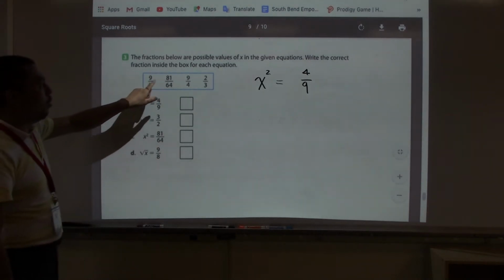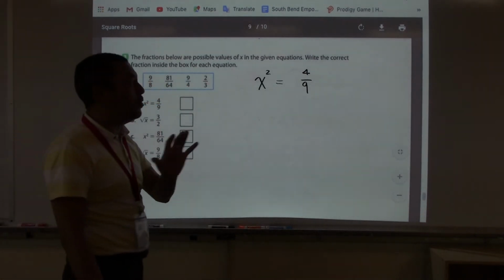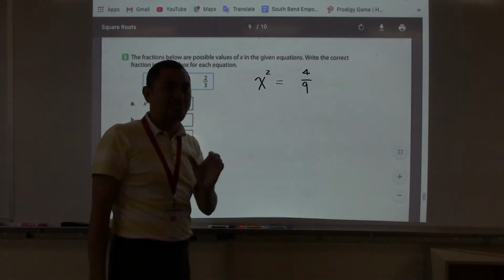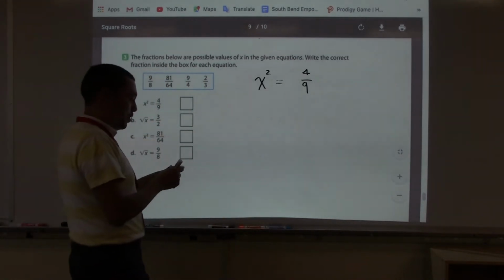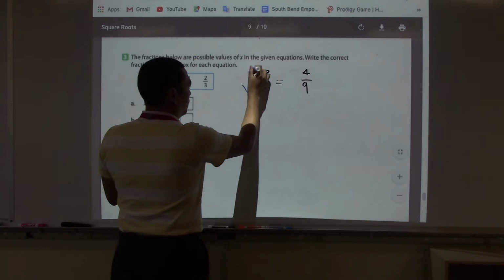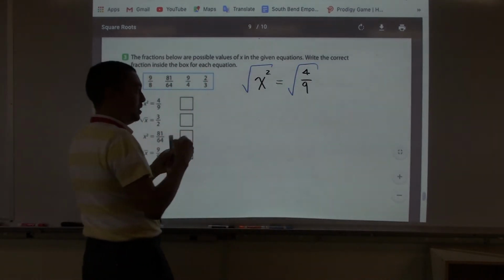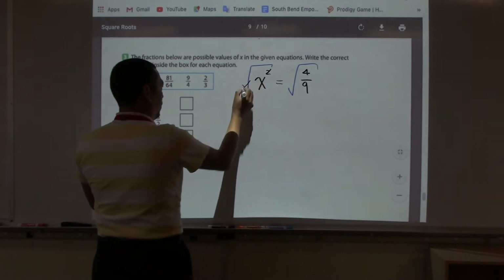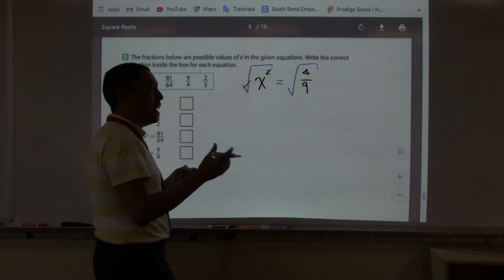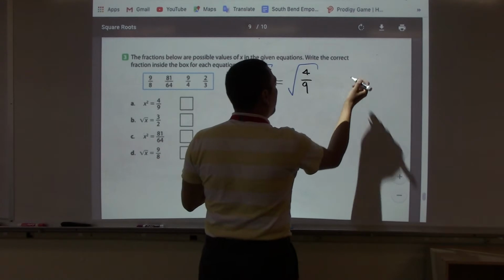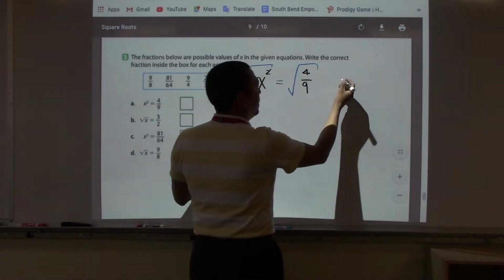As you can see, all the solutions are positive. So we are going to calculate only the positive side of the square root. So what we are going to do, square root, only the positive. So these two go away. And what I do, so remember you have a property, and I think you learned it in the years before.